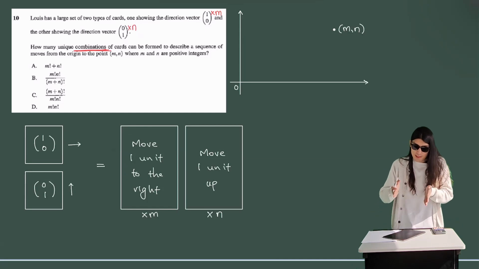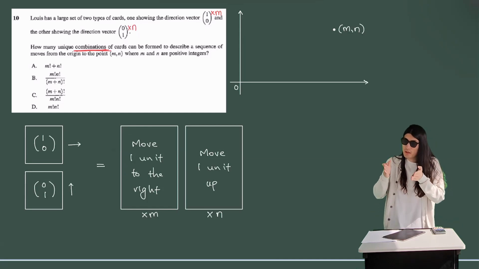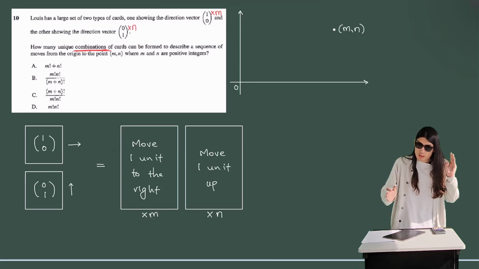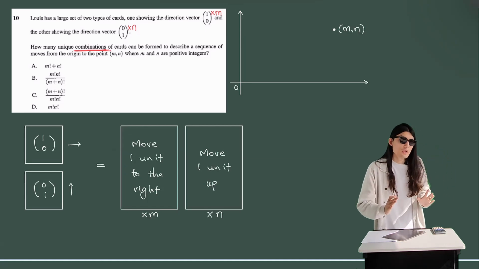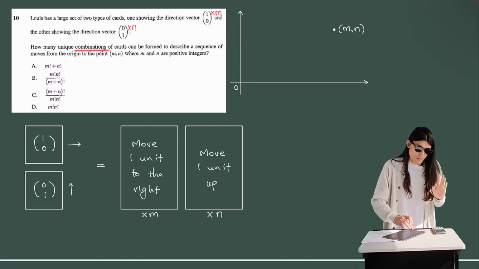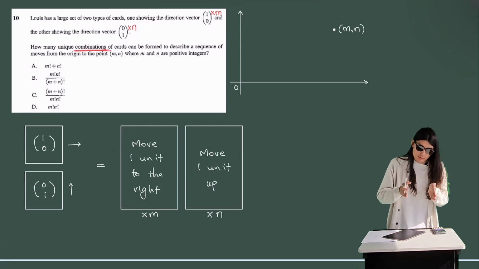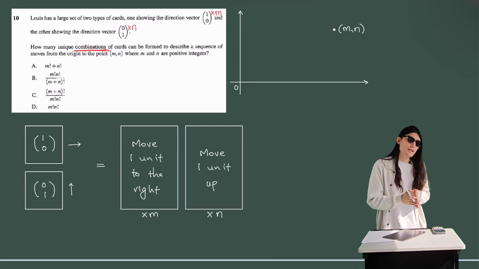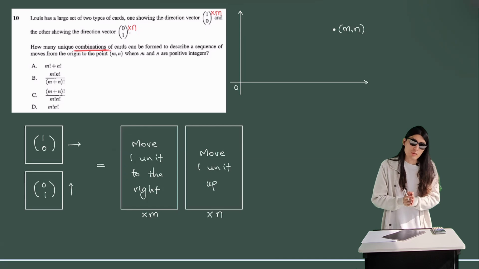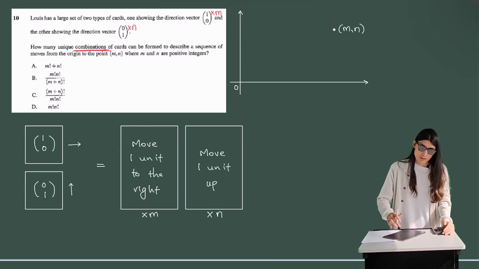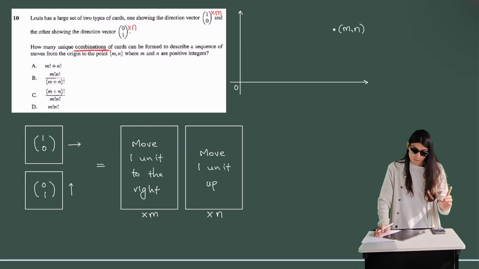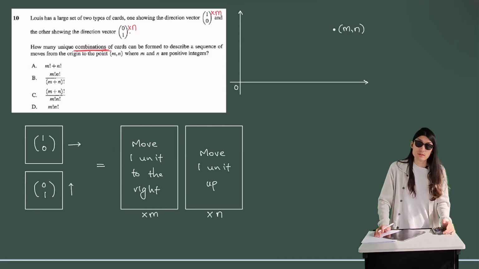And that particular combination of cards is actually the only combination, meaning if the question truly meant combinations of cards, then the answer is 1. There's only one combination, right? Also meaning that the question has got an error, okay?